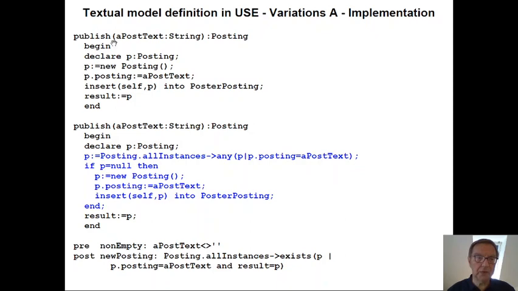Basically, what the operation publish did, we have declared here a variable p with type posting. We have created a new posting object here, and then we have manipulated the posting attribute of the newly generated posting object. We have assigned here the parameter that was delivered to the operation.